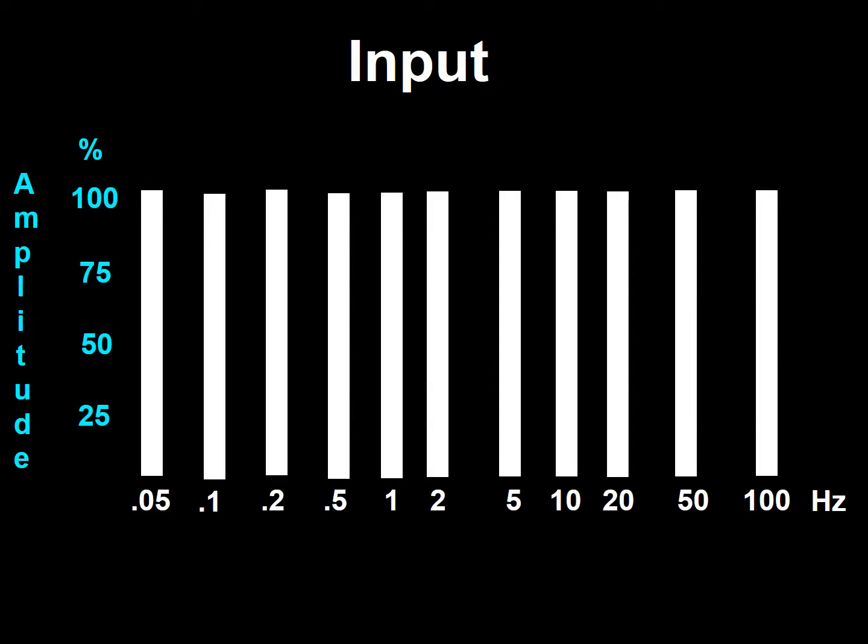Let's say that a filter is presented with an activity composed of a wide range of frequencies ranging from 0.5 Hz to 100 Hz, but of similar amplitude, as I have plotted in this frame.